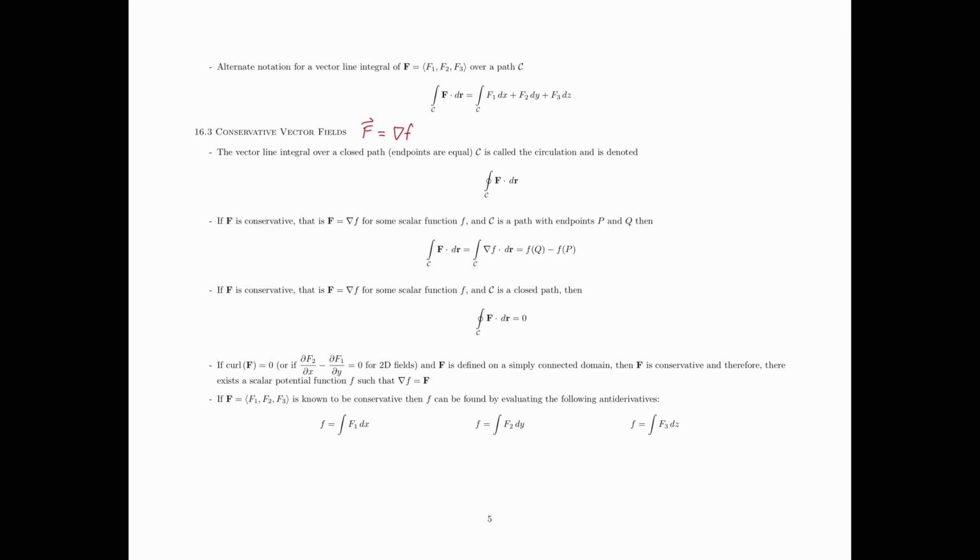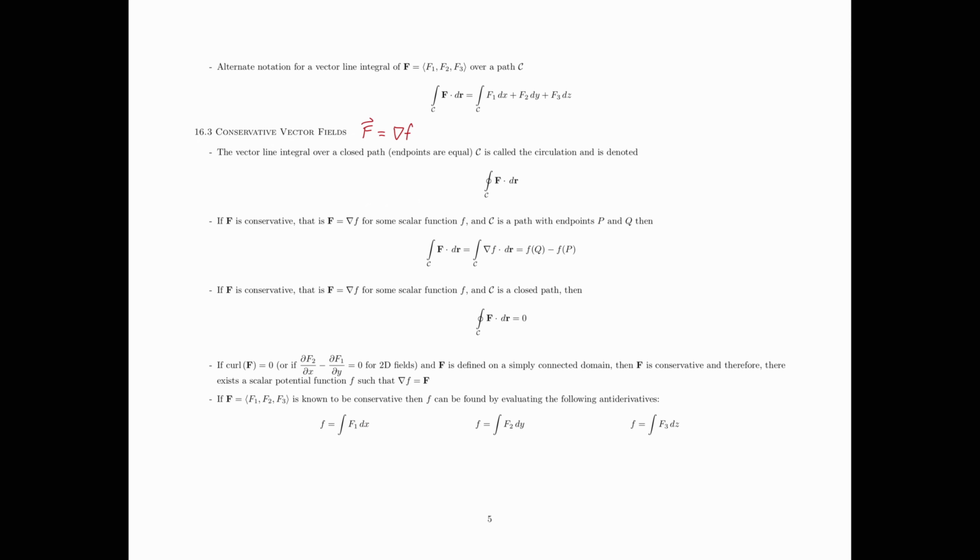What does this circle mean? This circle is telling us that this path C, over which we're integrating, is a closed path. In other words, it's some sort of loop that connects to itself. So its endpoints are the same. You can imagine going around the loop forever. That's all it means to be a closed path.